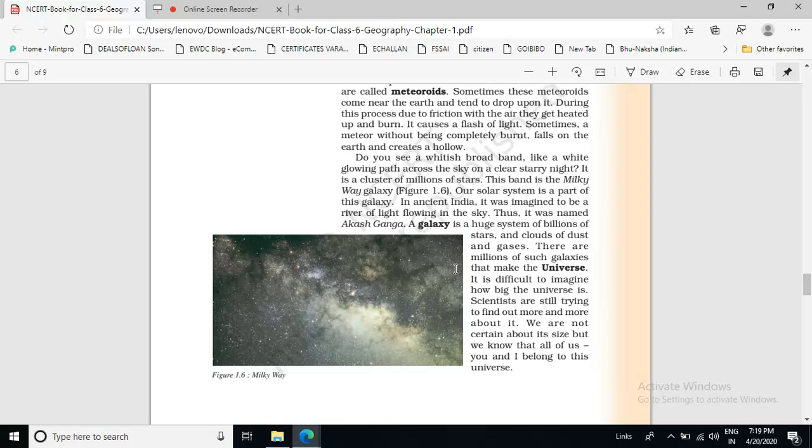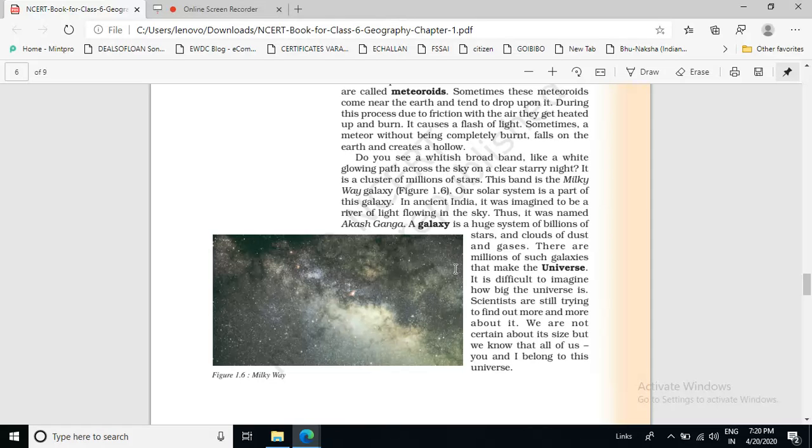And in Indian ancient texts, we read about Akash Ganga. It was named like this because it was considered to be a river of light, because it is a group of millions of stars, and stars emit light. So it is a river of lights which is flowing in the sky.